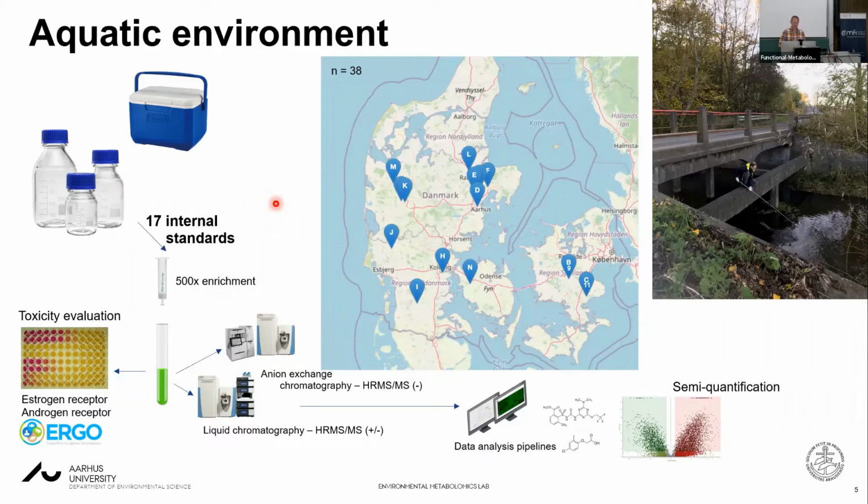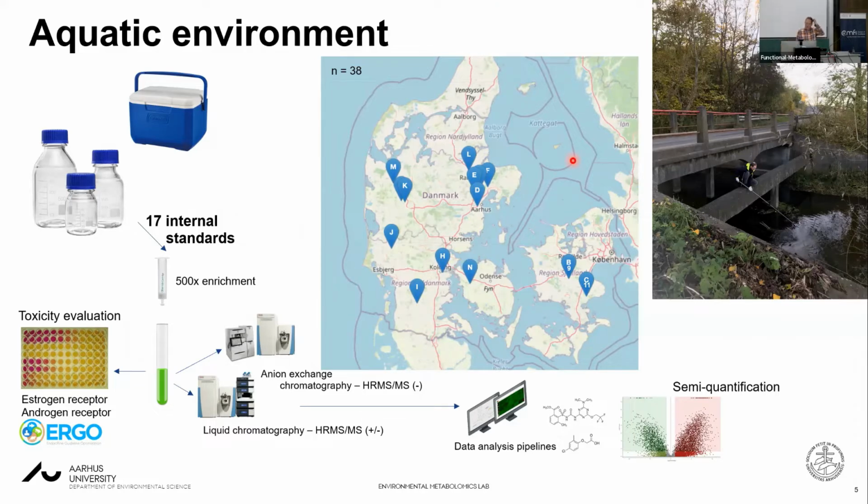So this is a fun exercise. The Danish EPA contacted us and asked, is there something in our river water systems that shouldn't be there? And then we collected a lot of samples from rivers in Denmark. This is Denmark if you are in doubt.